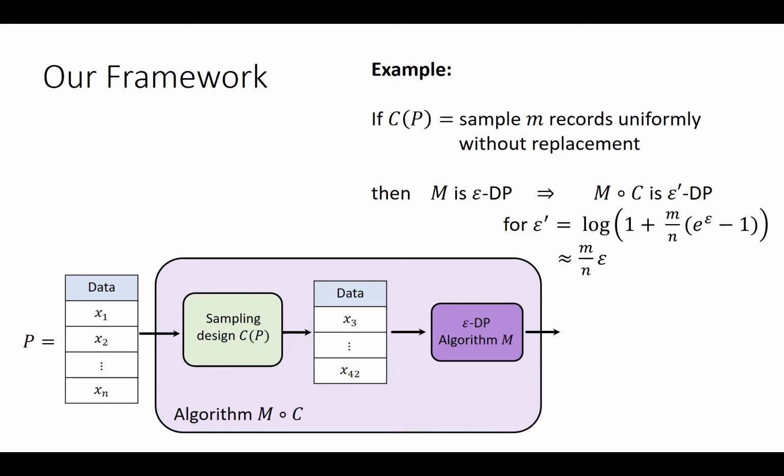And for small values of epsilon, you can use the approximations, e to the x is basically 1 plus x, log of 1 plus x is basically x, to argue that this is basically M over N times epsilon.